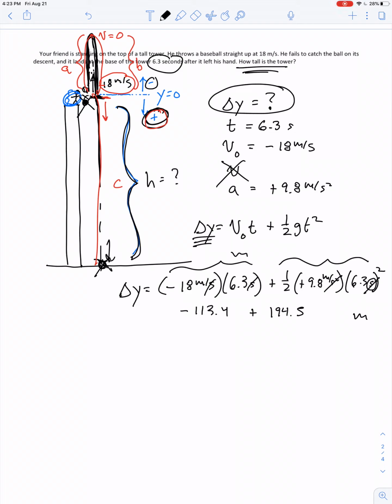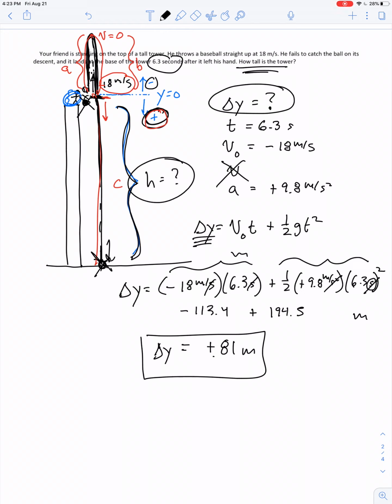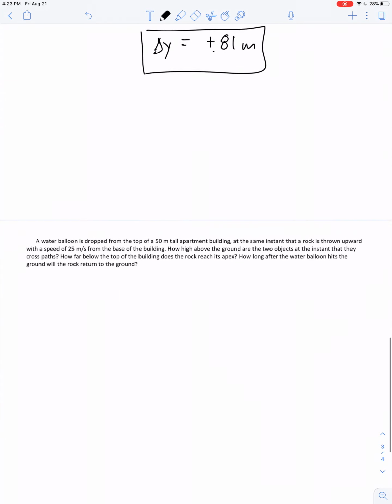And so our overall answer is equal to positive 81 meters. The positive means that the object displaced downward, and that downward displacement matches the height of the building. Okay, last problem. This one's even more challenging.